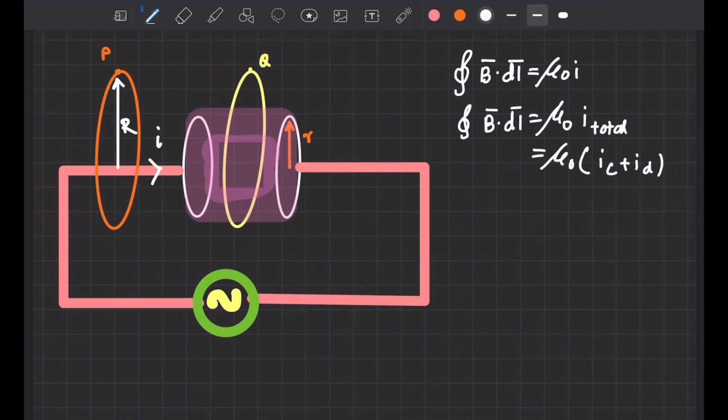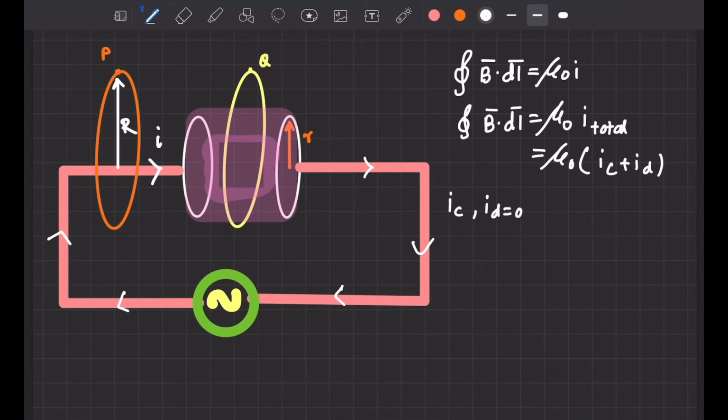And as we have already discussed, let's say current is flowing in this direction, and at every point in the wire, around the wire, there is only the conduction current IC, and ID is equal to 0 around here, right?